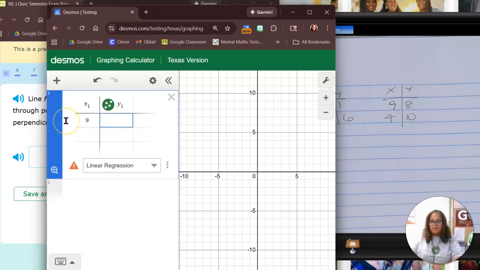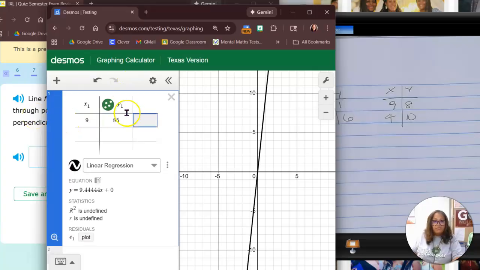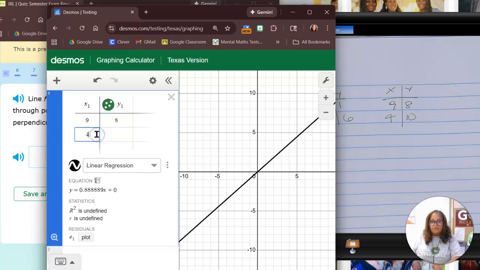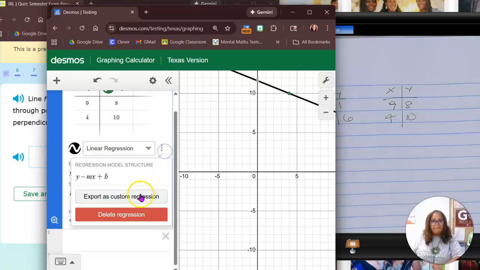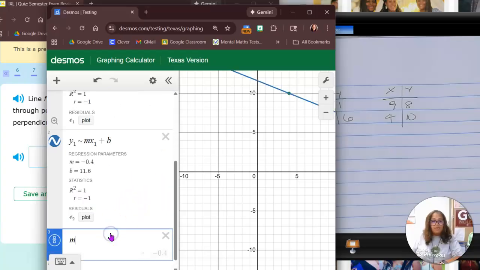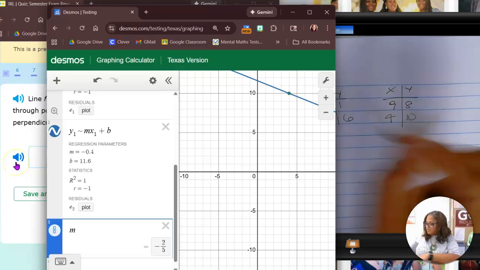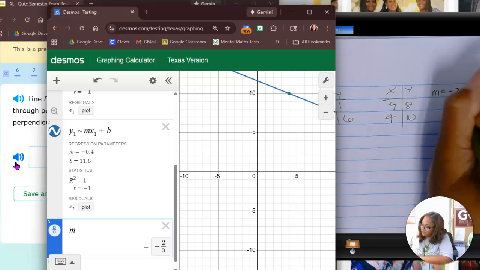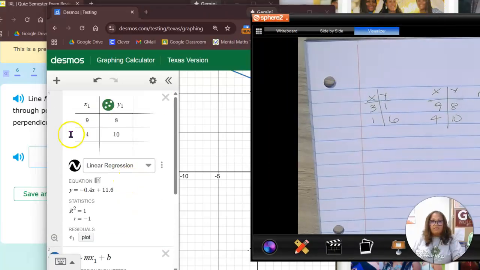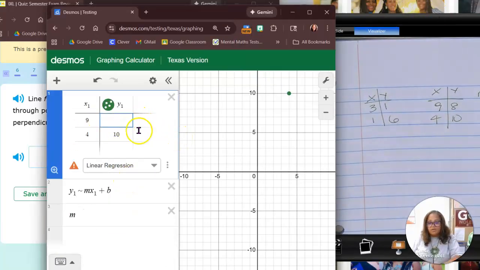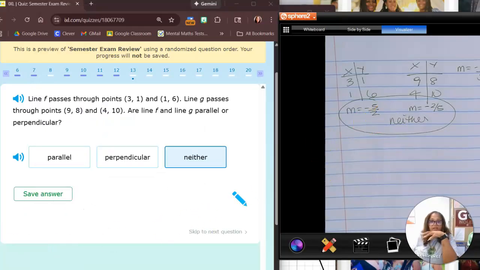Let's do 9, 8, oops, and 4, 10. Negative 2/5. Now, if they're opposite reciprocals, then they're perpendicular. If they're the same, then they're parallel. So 1, 3, okay, they're not the same, so it's neither, and they're not opposite reciprocals. They have to be one positive and one negative.